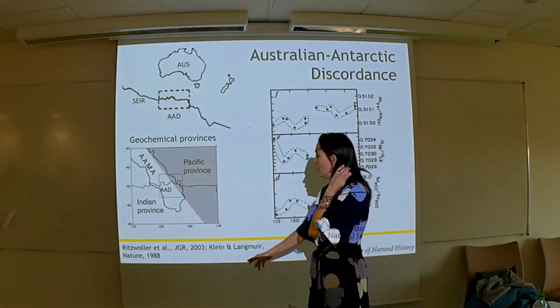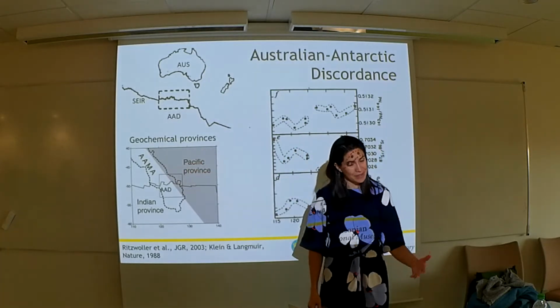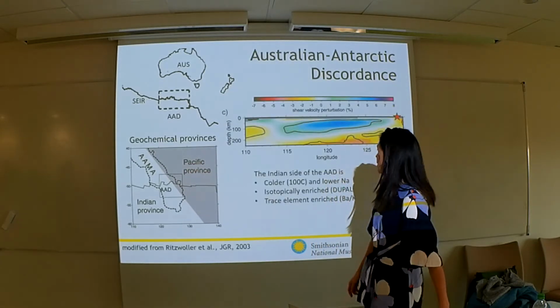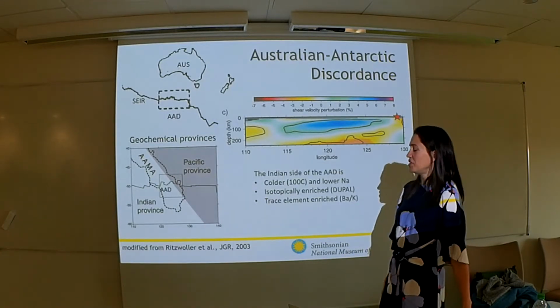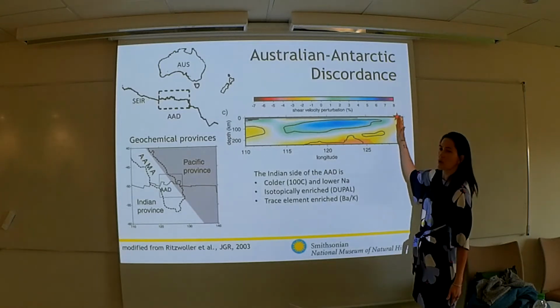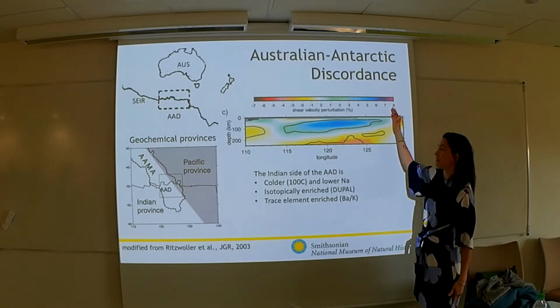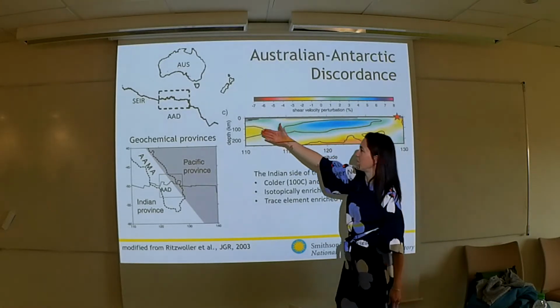We now know from very large tomographic experiments that something different is going on. This is the study of Ritzwaller et al., JGR in 2003, where they did a tomographic study. Here's the discordance in the topography on the ridge, and we're now looking west into the Indian Ocean as a function of depth.